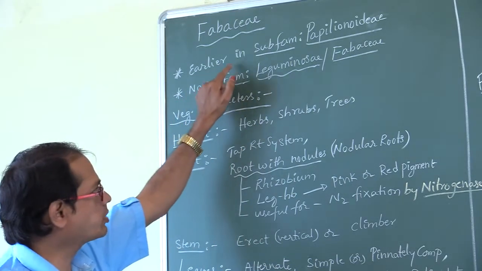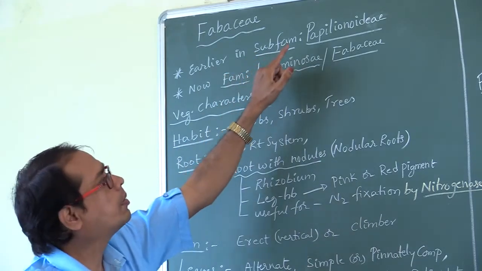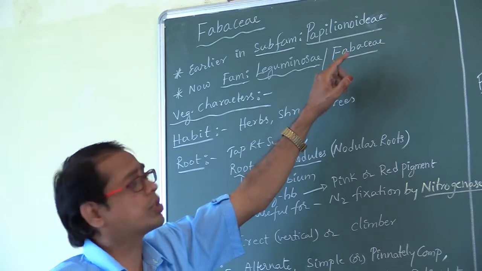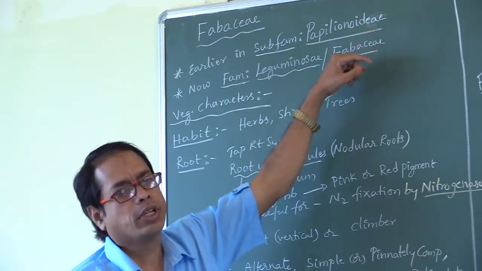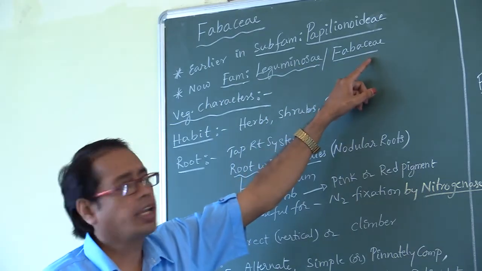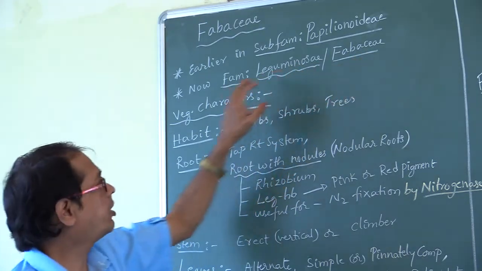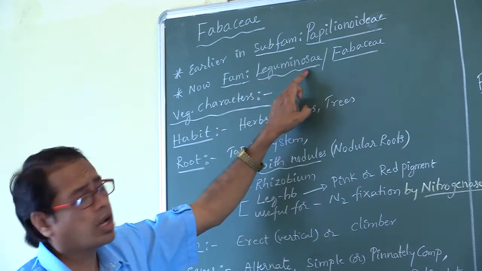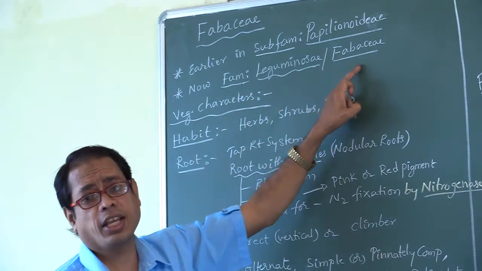Subfamilies end with the suffix -oideae. Families end with the suffix -aceae. Now it is placed in the family called Leguminosae or Fabaceae.